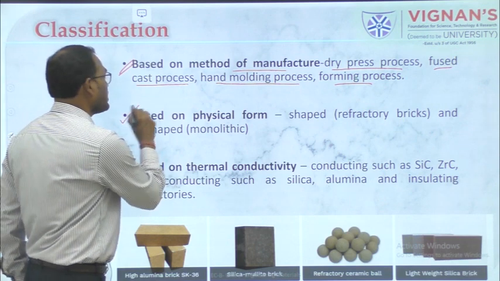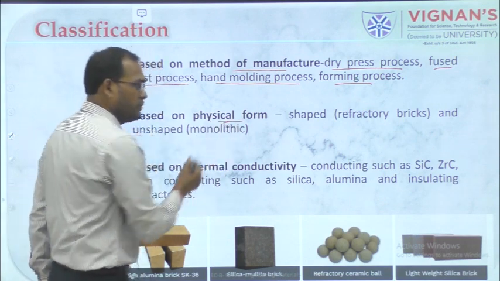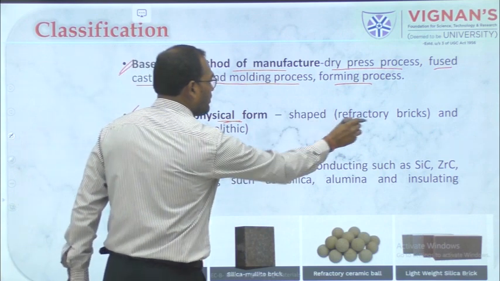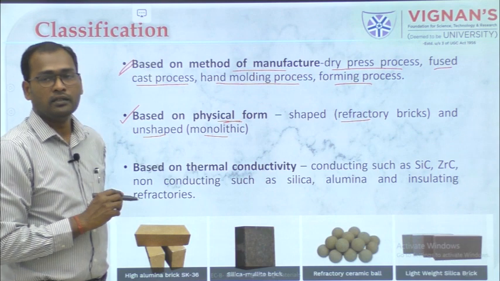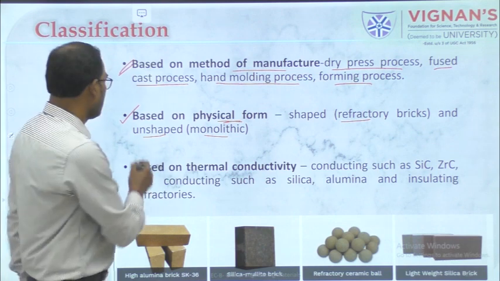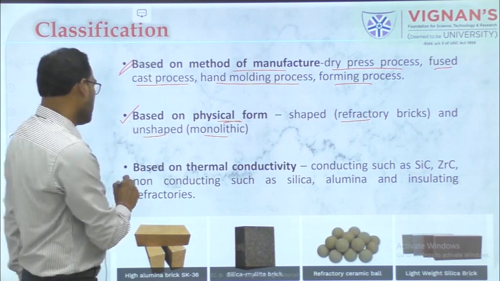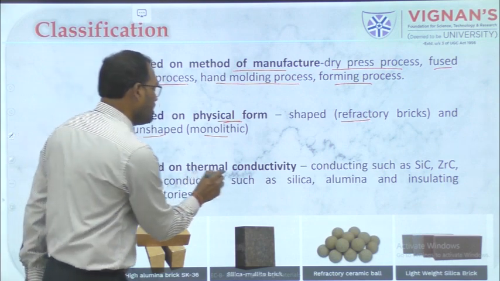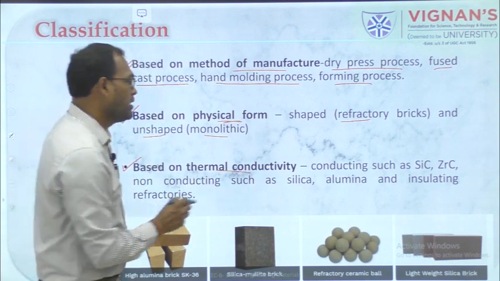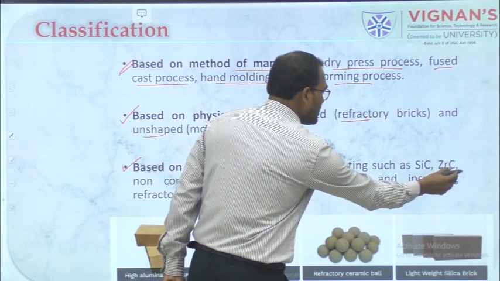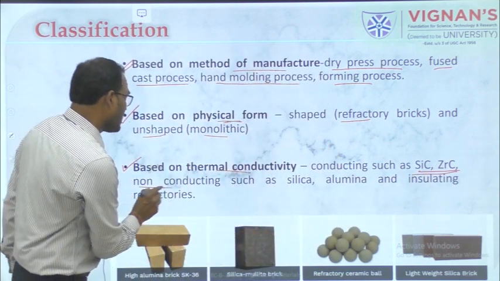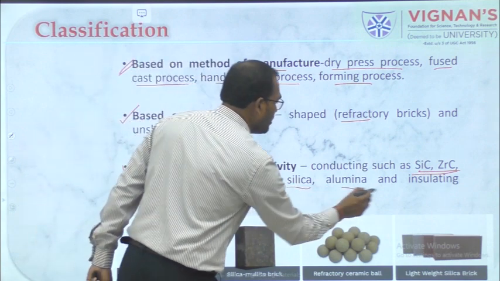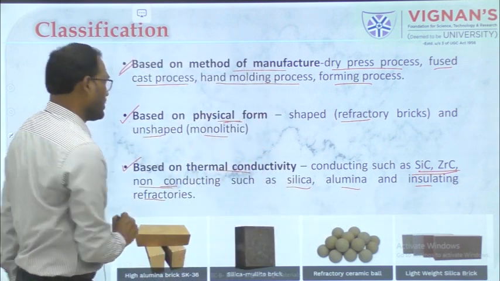The other classification is based on physical form, which I already said: refractory bricks, unshaped ones as monolithics, and fibers, so they can be used in different forms. They can also be classified based on thermal conductivity, right. Conducting materials such as silicon carbide and zirconium carbide, and non-conducting materials are silica, alumina, and insulating refractories, right.